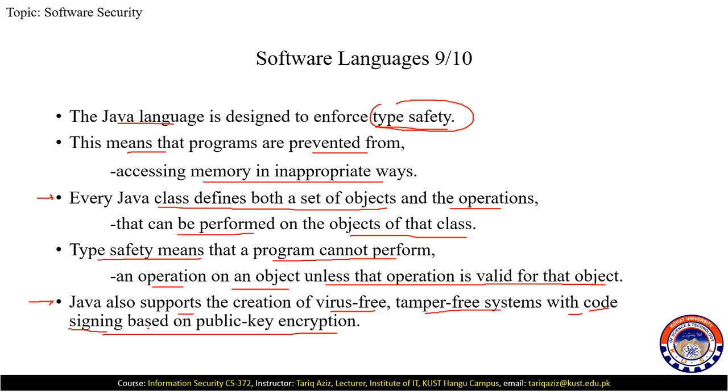If you are interested, I would suggest that you search the internet for this terminology, code signing. So what does Java do? It signs the code for virus-free and tamper-free systems. But if you are interested, I recommend that you search this terminology on the internet.